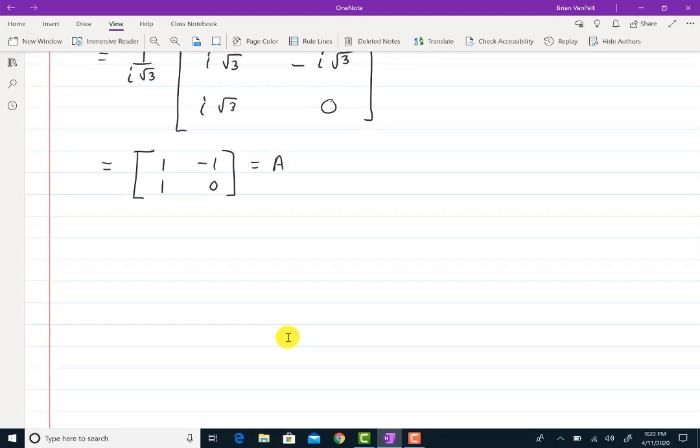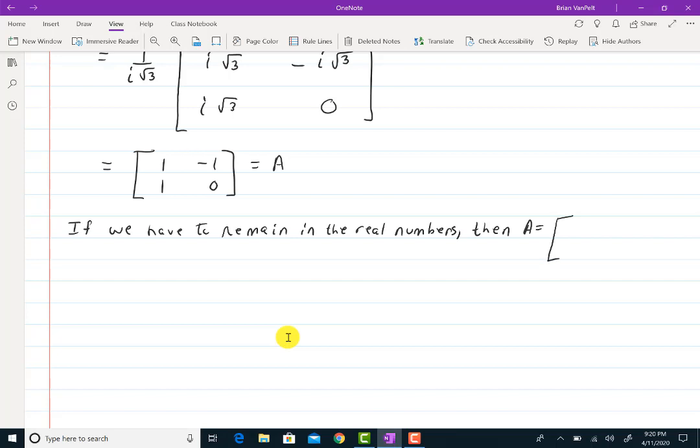So here's some notes I want to say. If we have to remain in the real numbers, then A equals 1, negative 1, 1, 0 cannot be diagonalized, because its eigenvectors are complex.